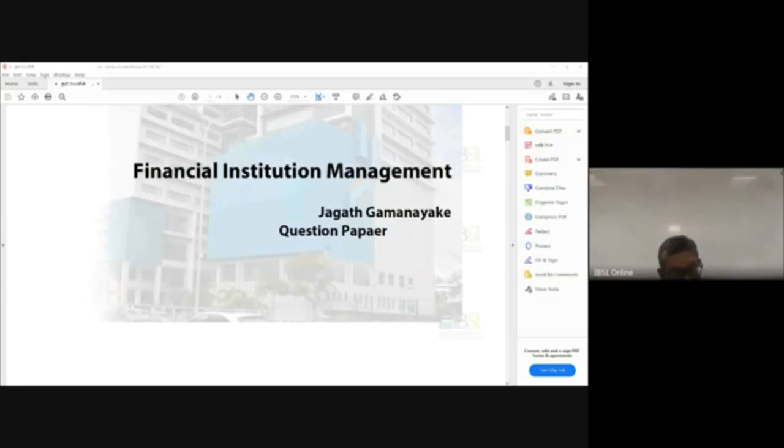Briefly explain the differences between each of the following pairs: licensed finance companies and specialized leasing companies. Second question, 5 marks, on balance sheet items and off balance sheet items. Third one, vertical integration and horizontal integration. Fourth one, contingency funding plan and business continuity plan.